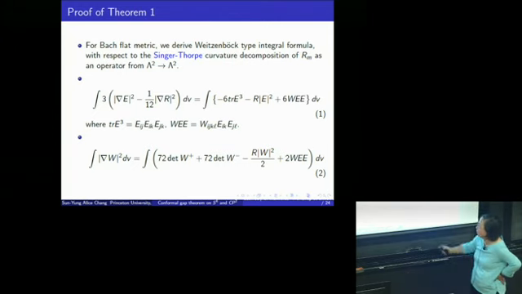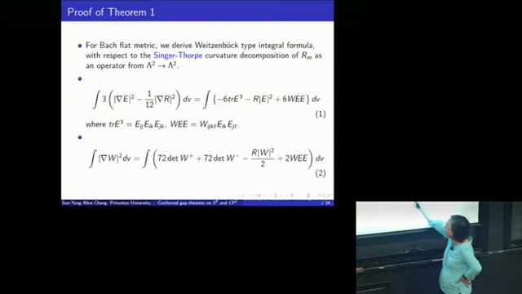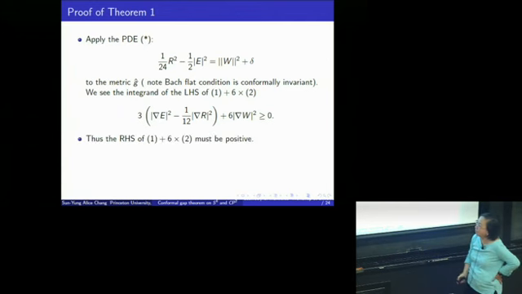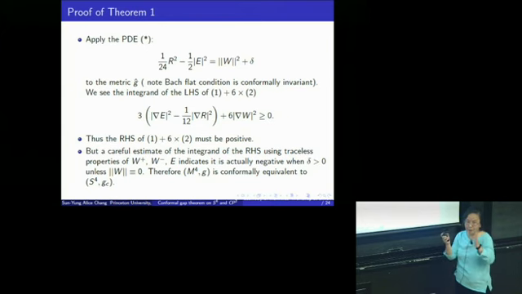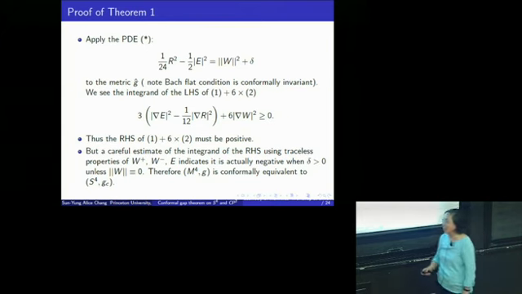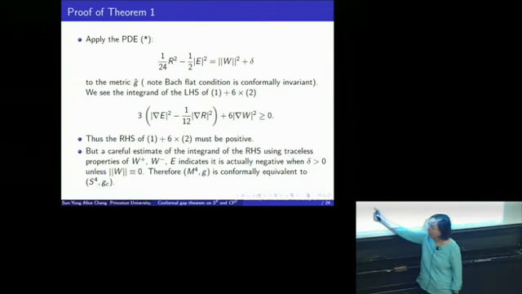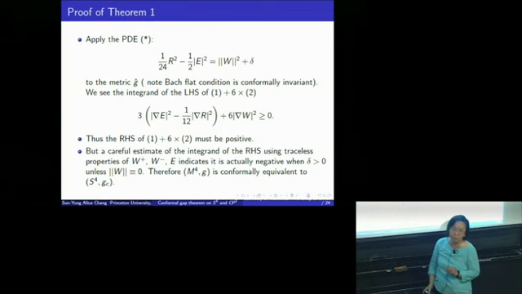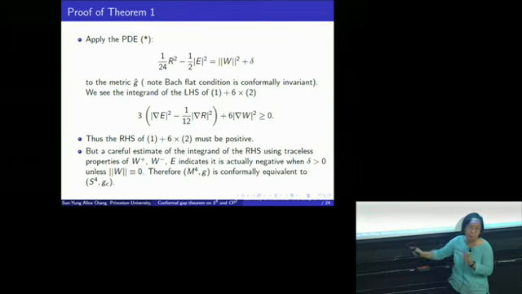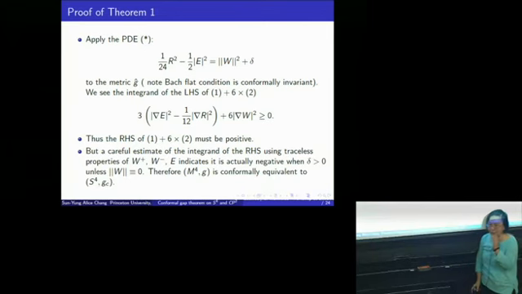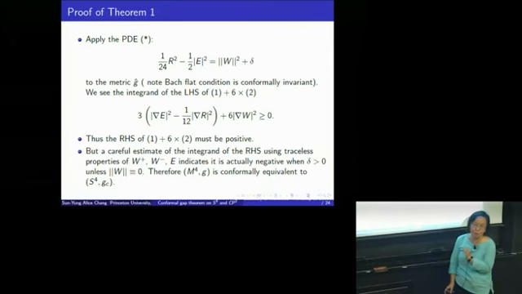And now notice we have some pointwise relation between Weyl, scalar, and E. So the rest of the proof says that if you examine the integrand of the right-hand side very carefully, using that Weyl plus, Weyl minus, and E are all traceless tensors, so for example the three eigenvalues of Weyl plus add up to 0, then in estimating this there is some constant which you gain.